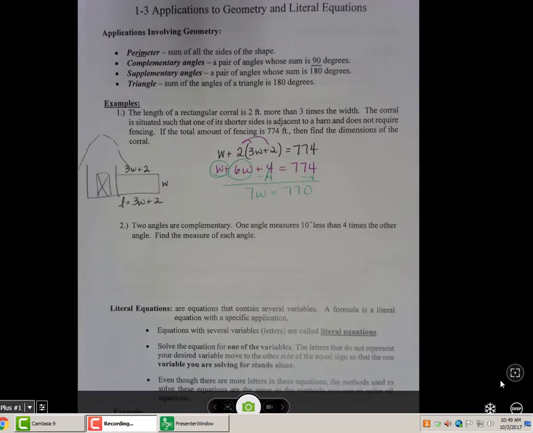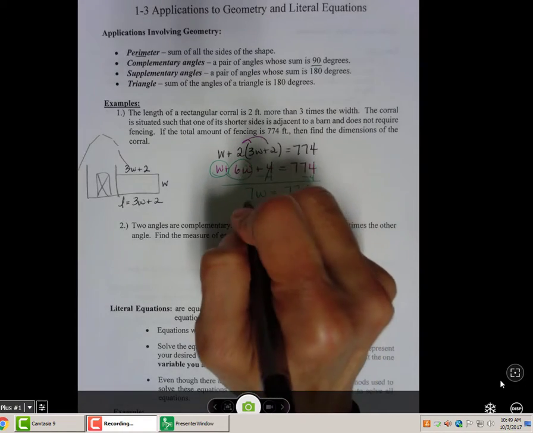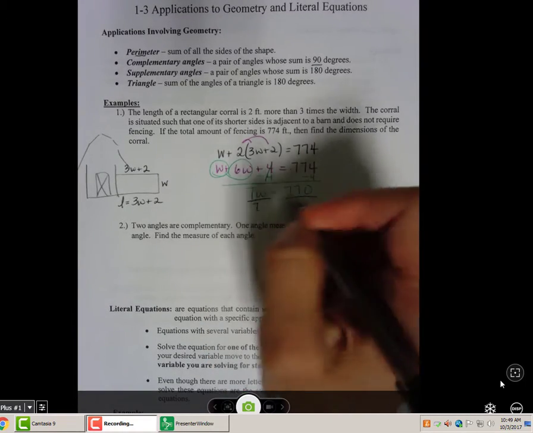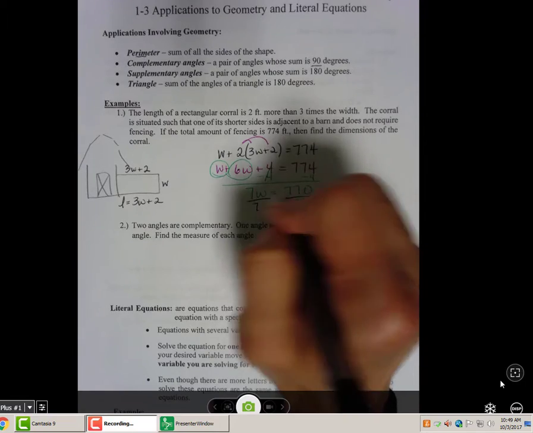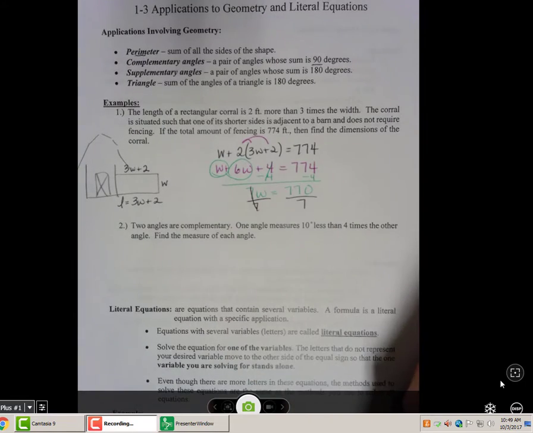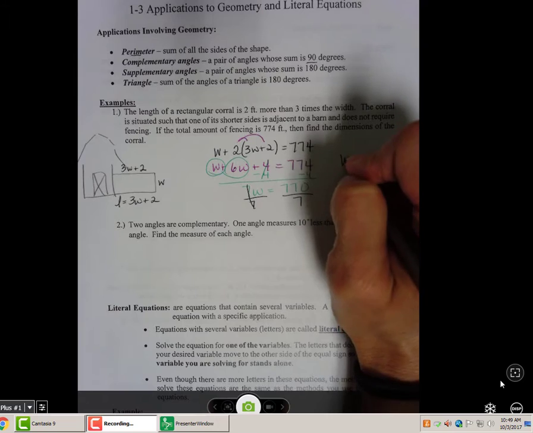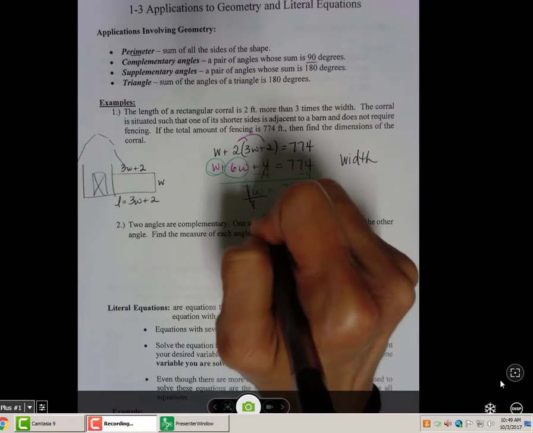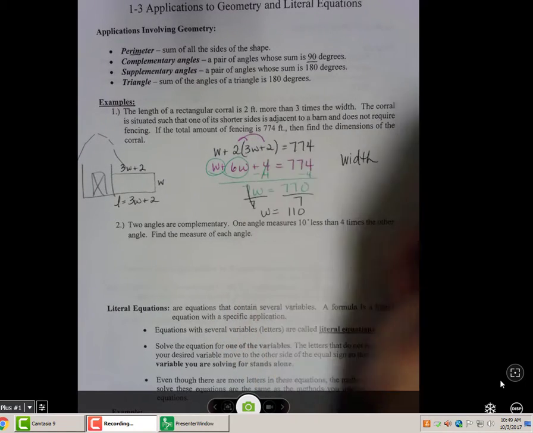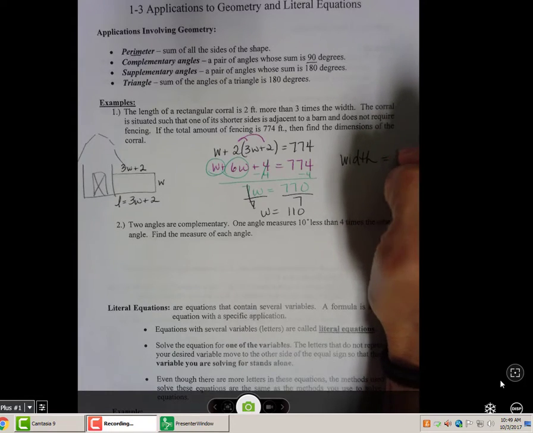Okay, and then we'll go ahead and solve for W, inverse operations. So it's 7 times W, and we'll go ahead and divide. So now I have that the width, or W, is equal to 110. And this, of course, is feet.